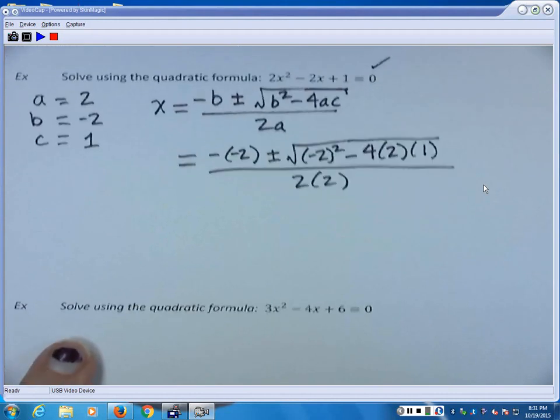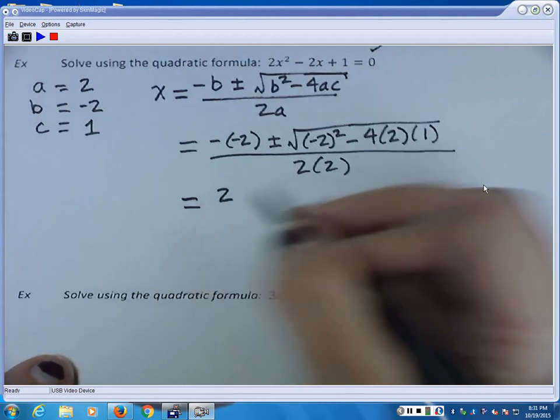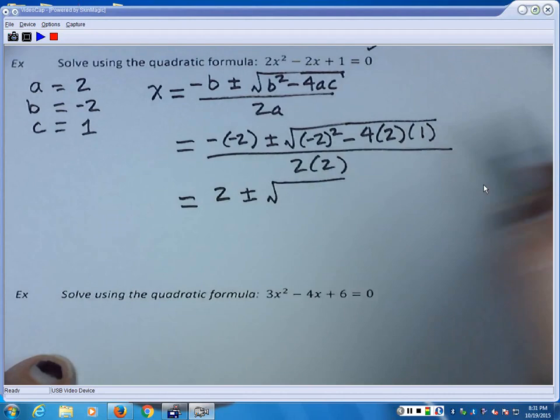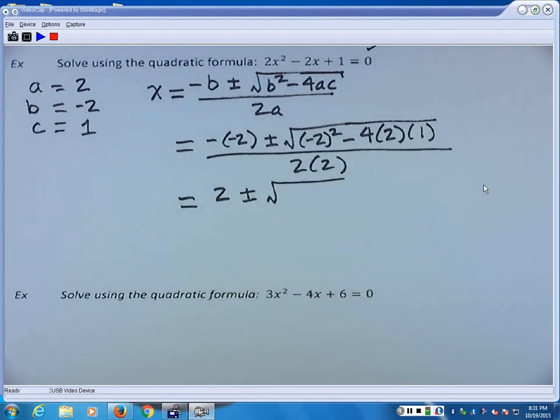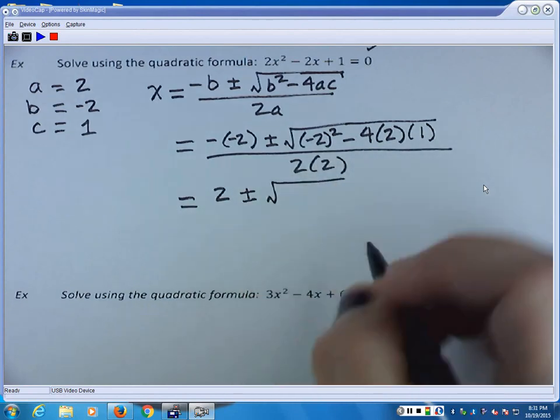Okay? And then that equals 2. And in here, you can go off to the side and figure out the discriminant. You can even type that in your calculator and just give me what it equals. It equals 4 minus 8.